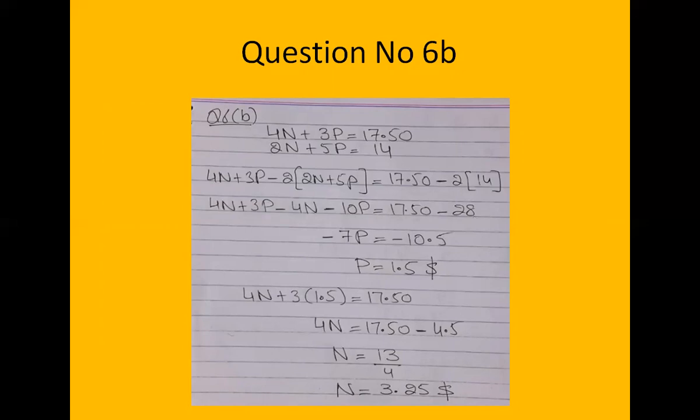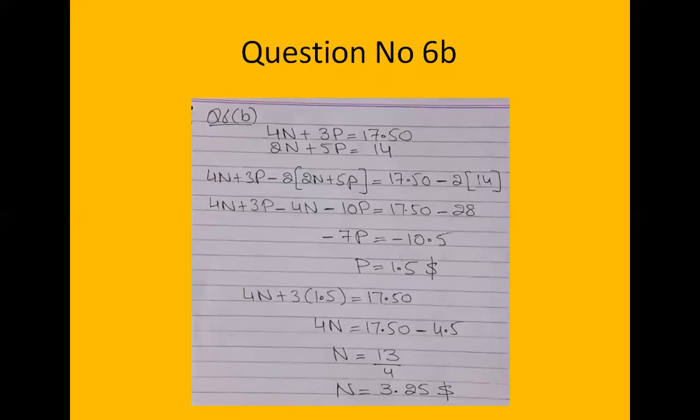So the price of 1 pen is $1.5. Now in 4N plus 3P equals 17.50, I will substitute the value of P, and you will get 4N equals 17.50 minus 4.5, because I took this to the other side.